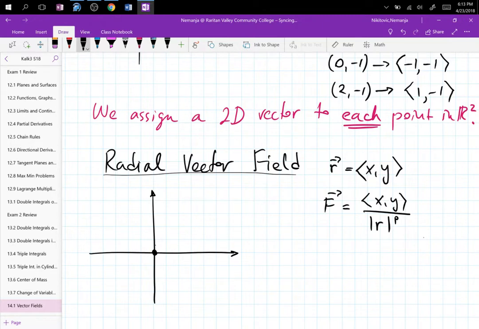Simply looks like this. Actually, let's do a different color.